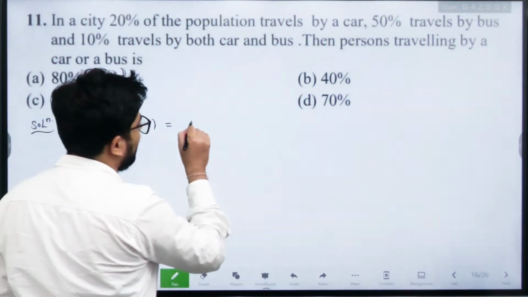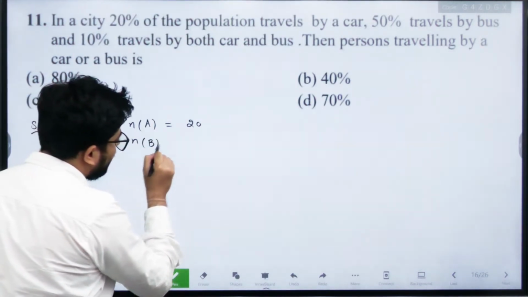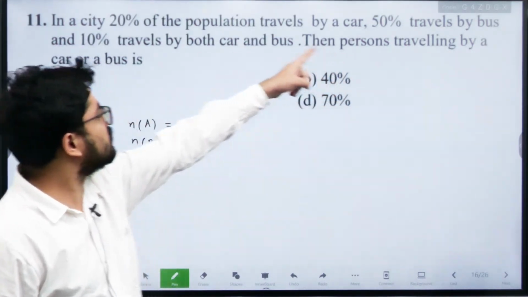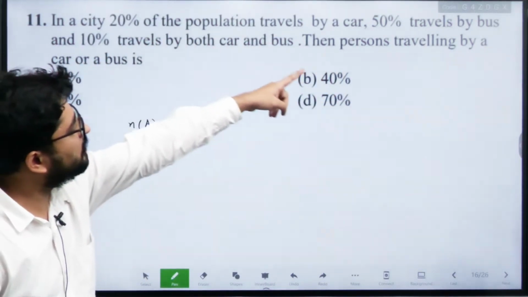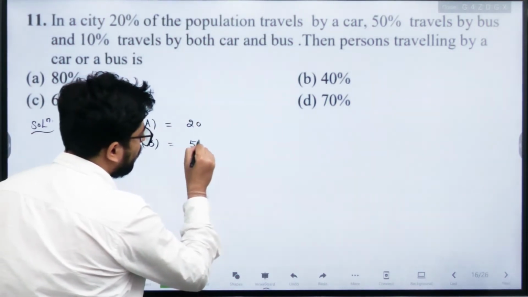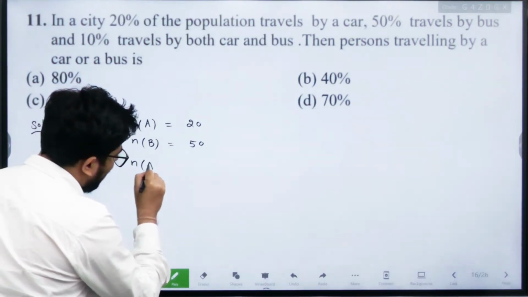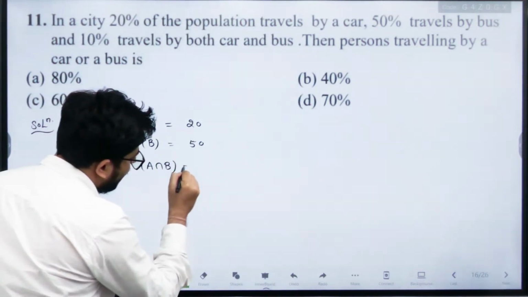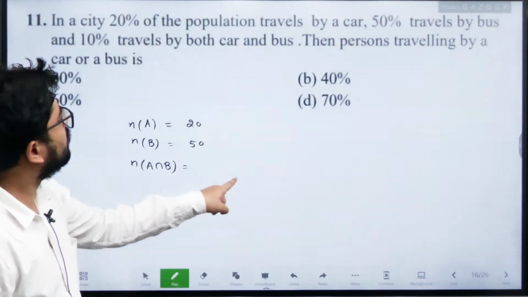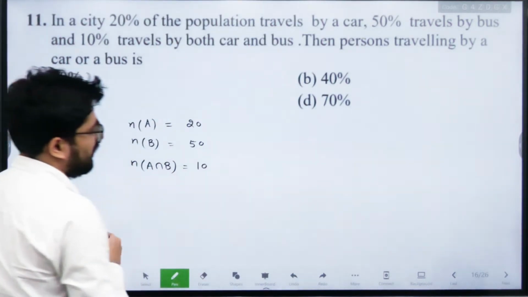So the number of elements in A set is 20. B is the set of persons who travel by bus, that is 50%. So 50% of 100 is 50. And you have n of A intersection B, the population who travel by both bus and car, that is 10%. So 10% of 100 is 10.